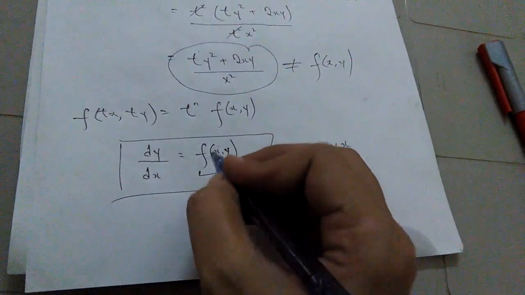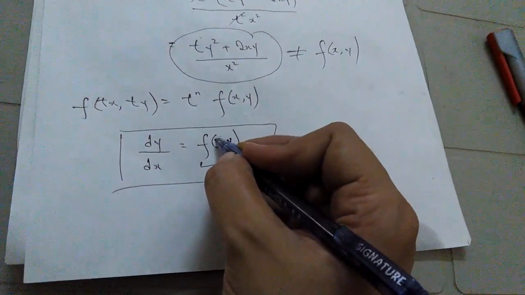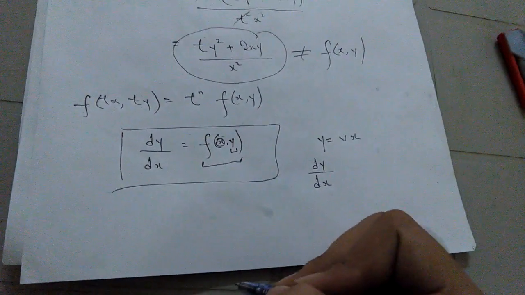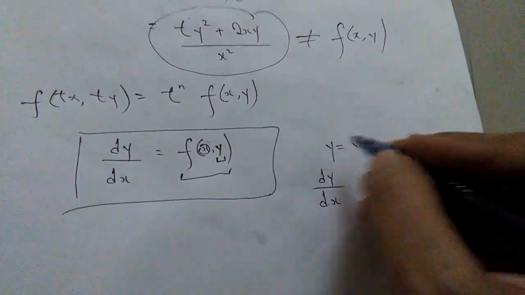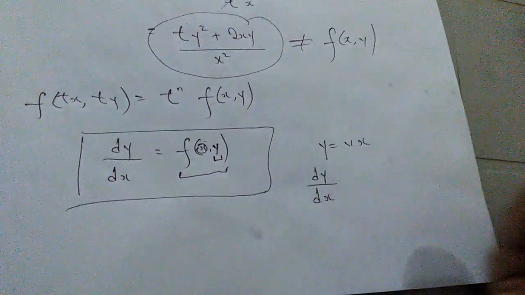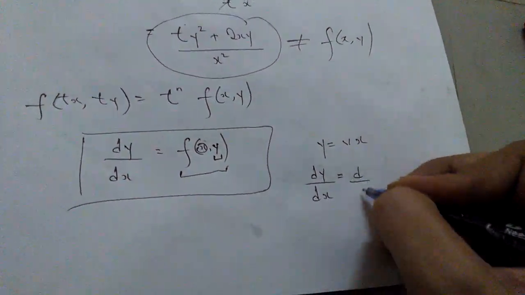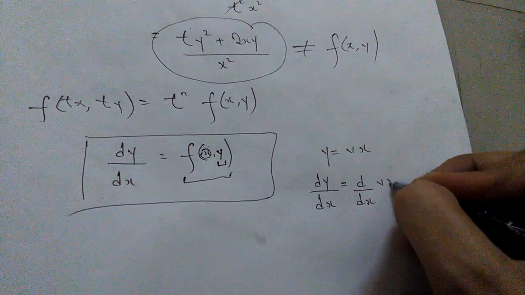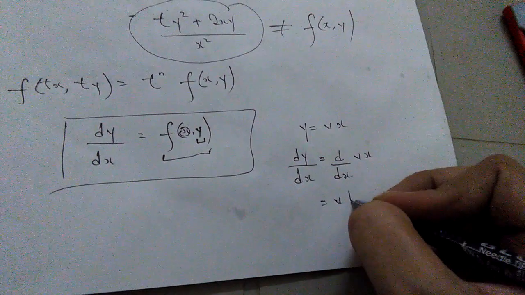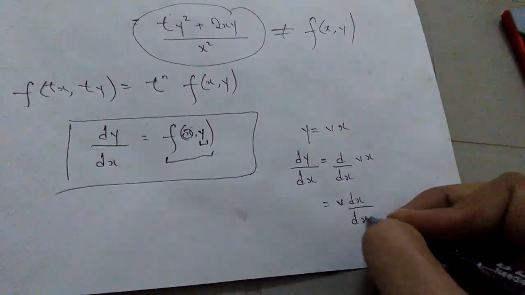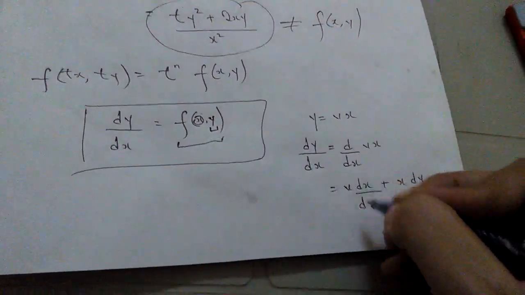Every time you're going to differentiate with respect to the variable positioned over here; just keep this in mind. So we differentiate both sides of this equation with respect to this variable, and we have x here, so with respect to x. Now we apply the product rule here. It is v times the derivative of x plus x times the derivative of v. The first simply gives us v.